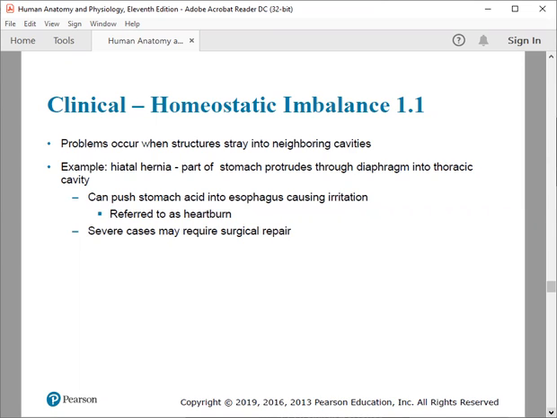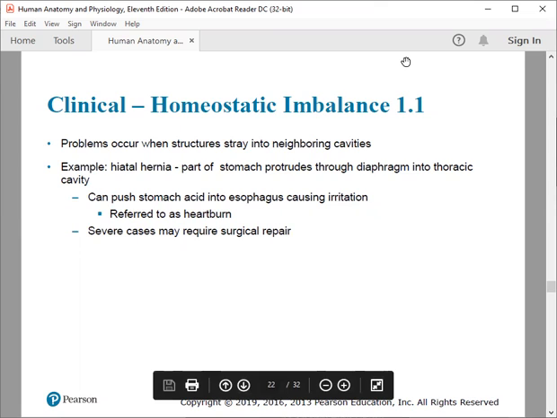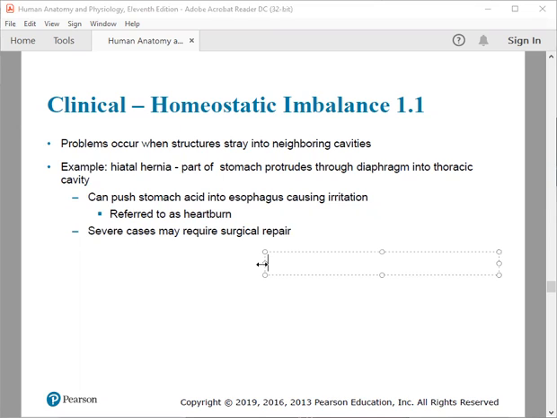And this one is giving an example of something that can go wrong, a hiatal hernia, which is where the stomach protrudes and can actually push the stomach acid into the esophagus, which is sometimes referred to as GERD, esophageal reflux. You might see it as that also, but commonly referred to as heartburn. So you could see either one of those.